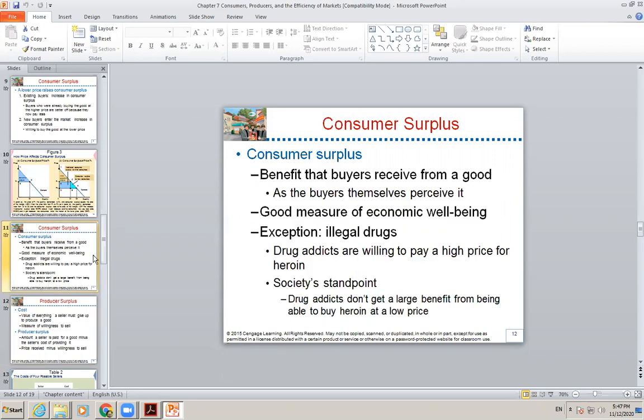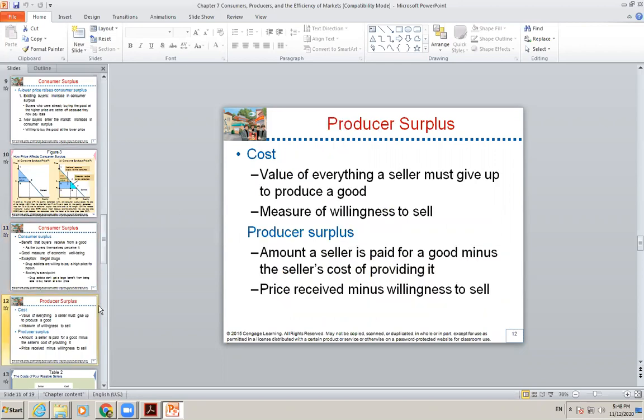So far we know about the consumer surplus, and we know how the consumer surplus is measured: willingness to pay minus actual price paid. But when it comes to the producer surplus, we're looking from the perspective of the cost, the value of everything the seller must give up to produce the good. So it measures willingness to sell.